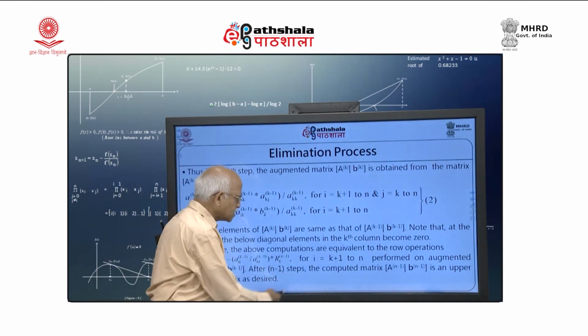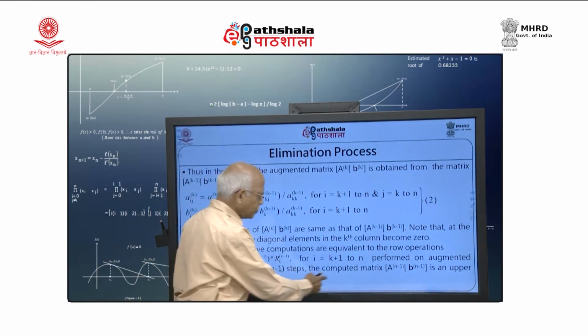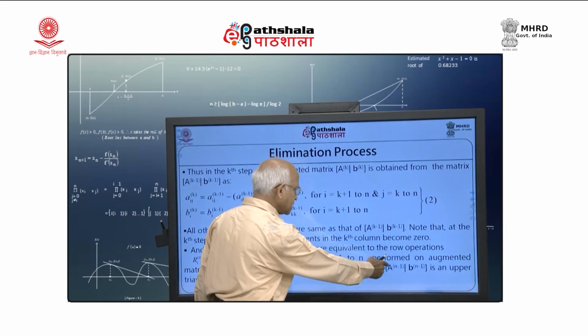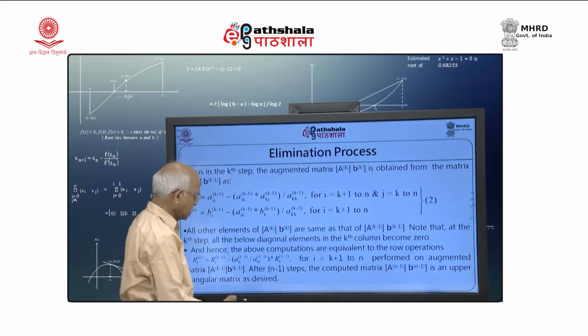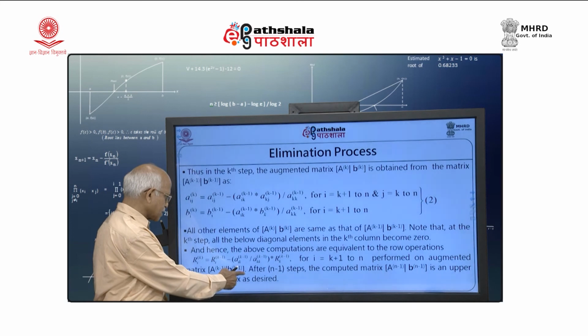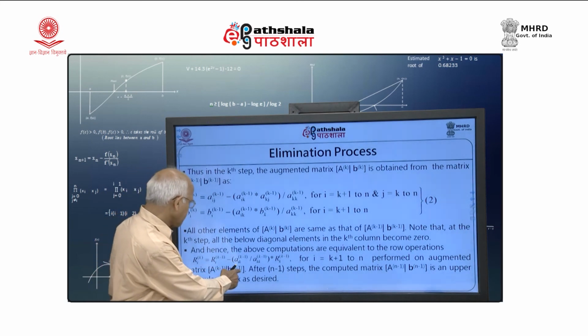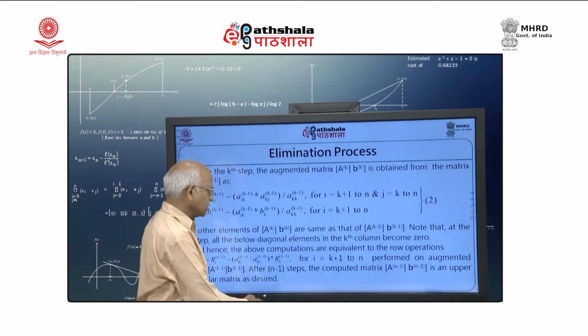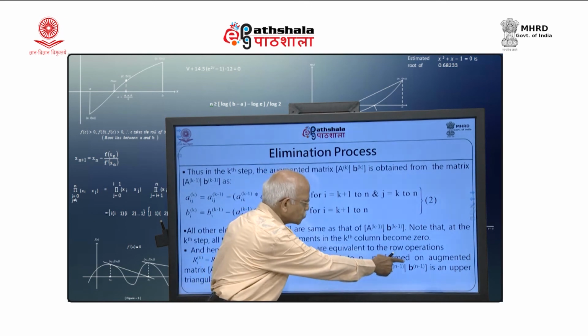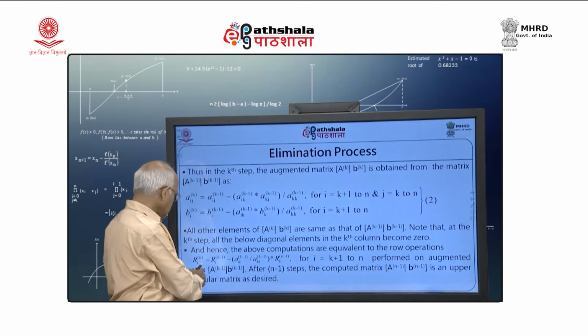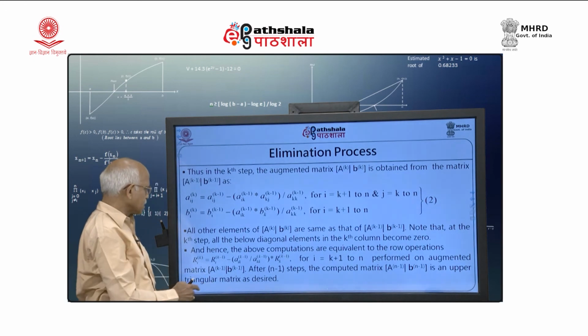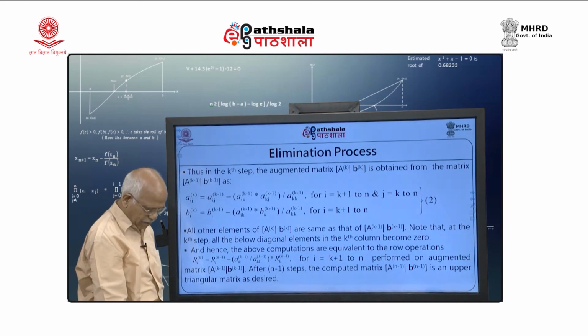So, after n minus 1 steps, the computed matrix A^(n-1), B^(n-1) is an upper triangular matrix. So, this is what we are getting here. After n minus 1 steps, the computed matrix A^(n-1), B^(n-1) is upper triangular as desired.